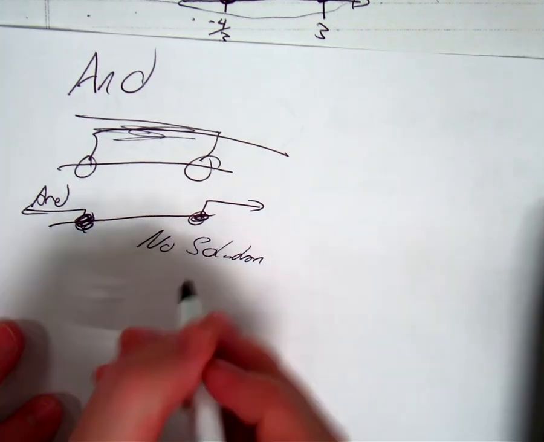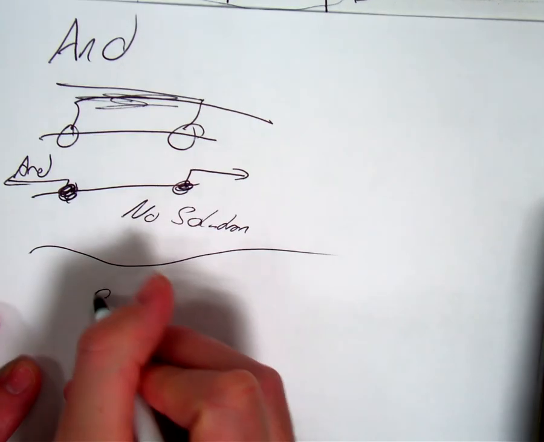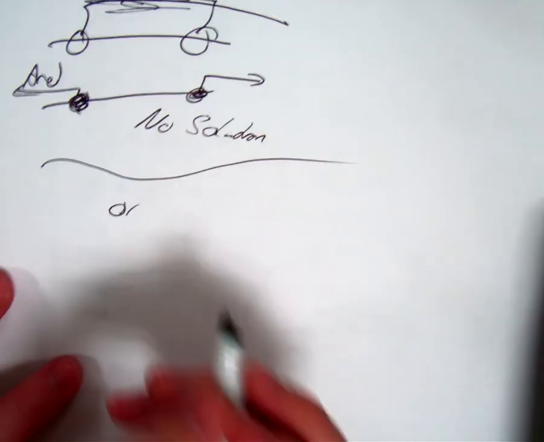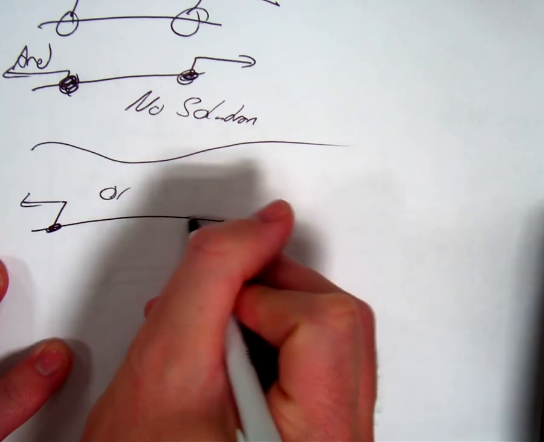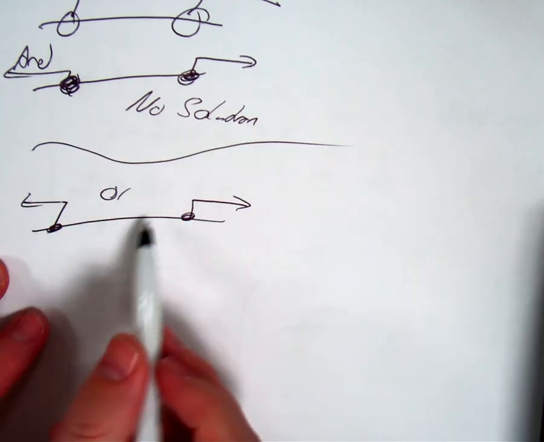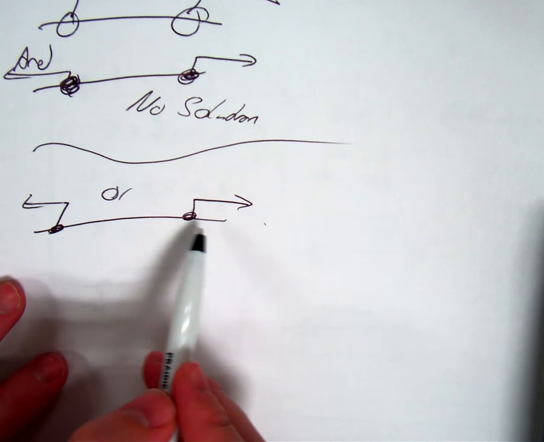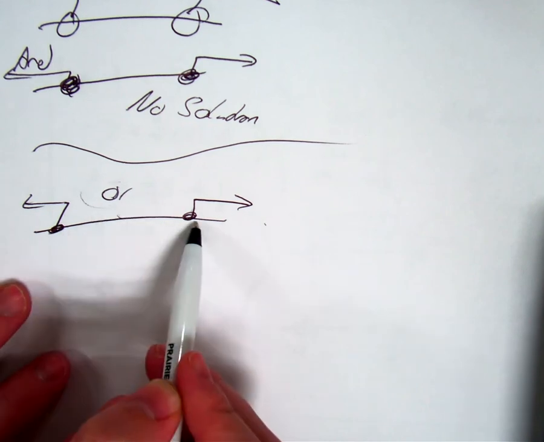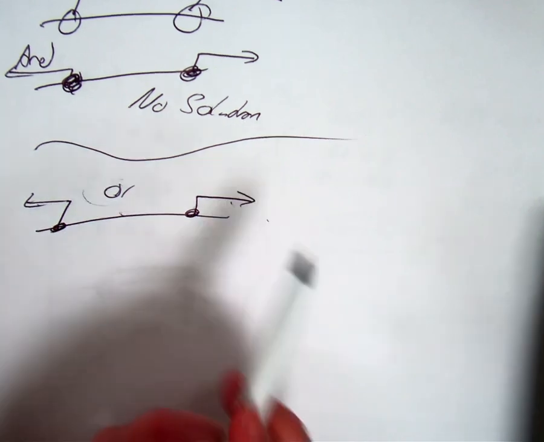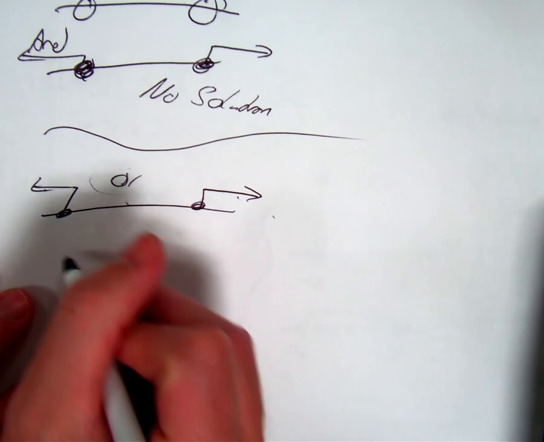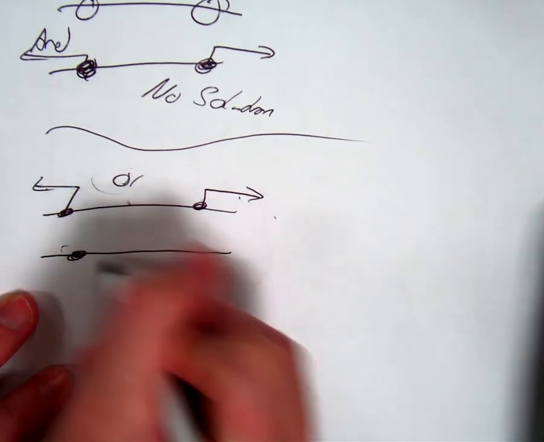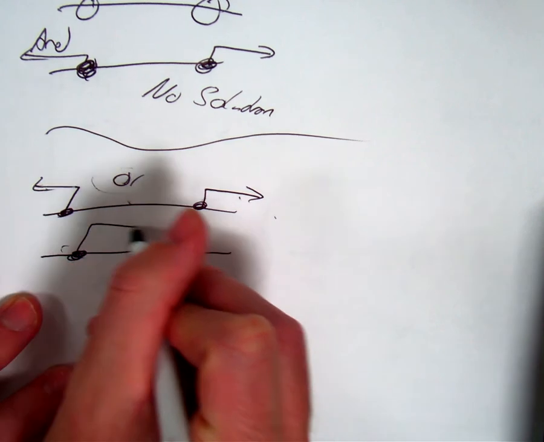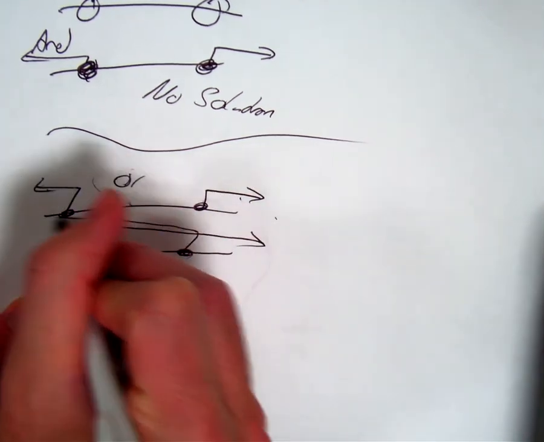Okay, or another one, for an or we're used to seeing forking out, like out or fork out, so that's okay. It's this one's true or this one's true, so there's no problems. What if it was an or and they crisscrossed?